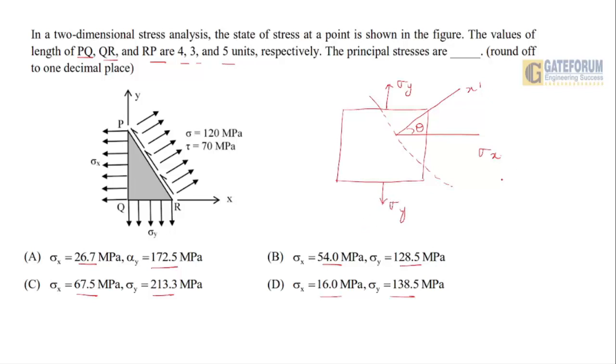Tan theta is equal to QR by PQ, which will be 3 by 4, right? Theta equal to tan inverse 3 by 4. That will be 36.87 degrees.